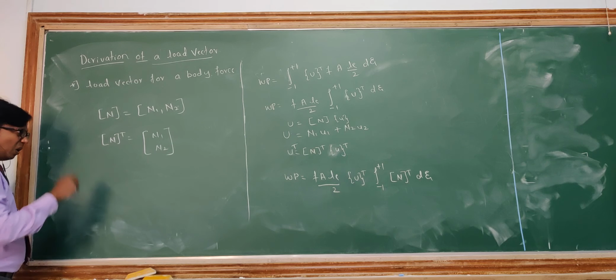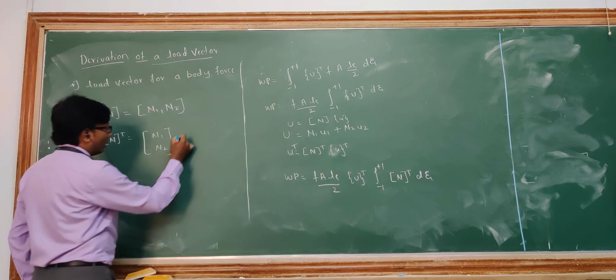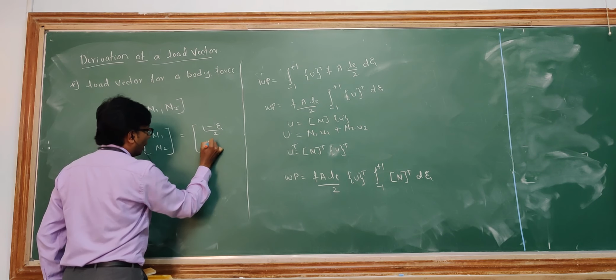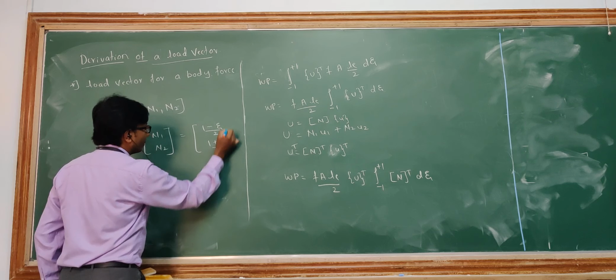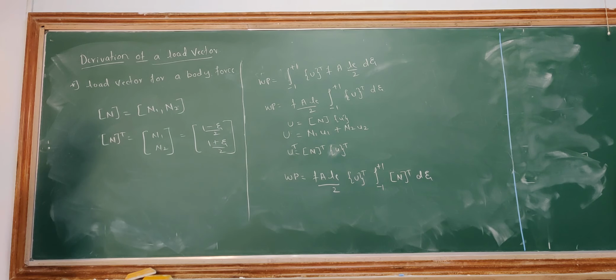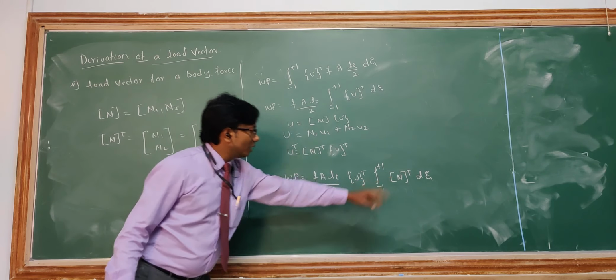So now what are the values of N1 and N2? N1 is (1 minus zeta) by 2 and N2 is (1 plus zeta) by 2. These are the N1 and N2 values in terms of the natural coordinate system. Here we have to do the integration with respect to d zeta.